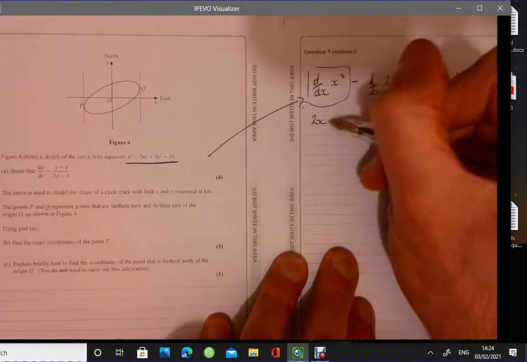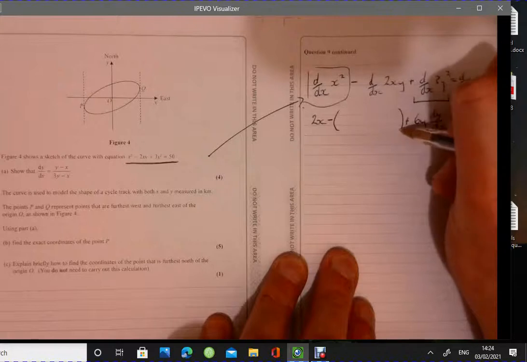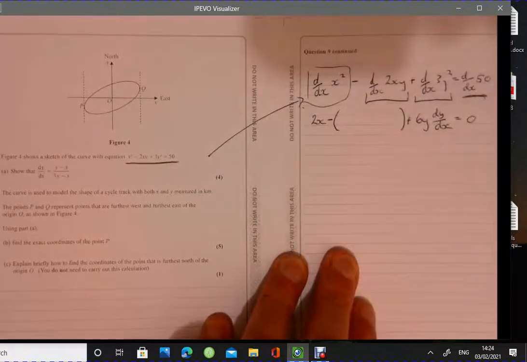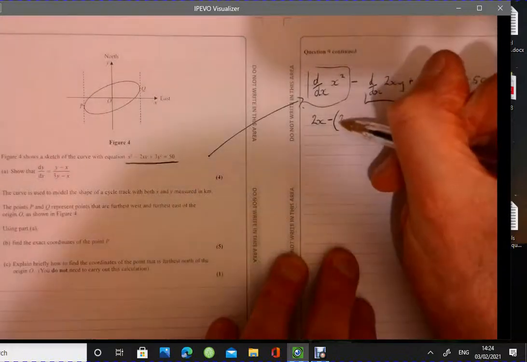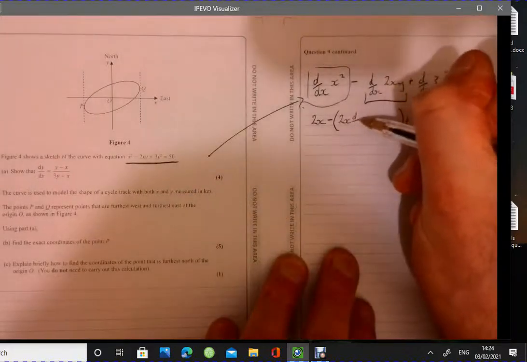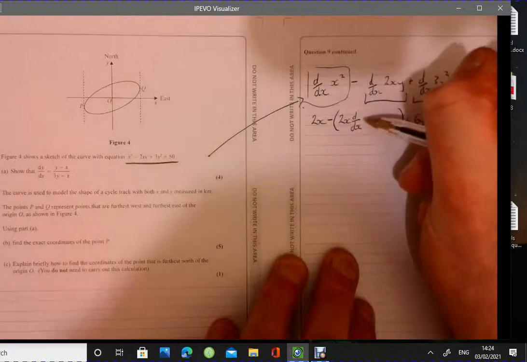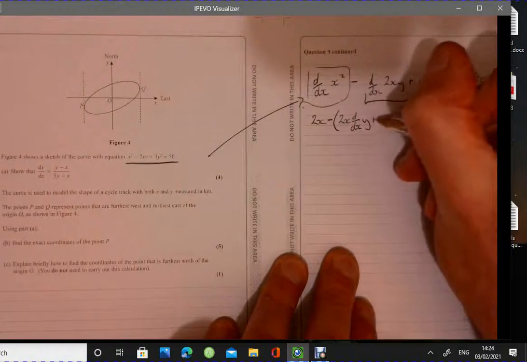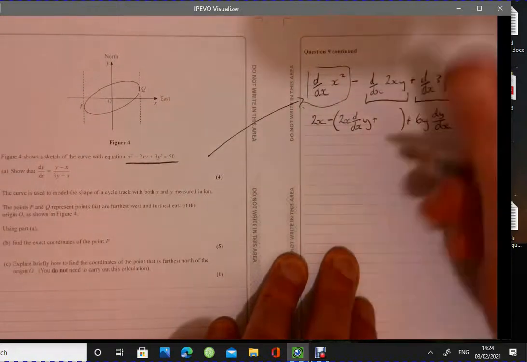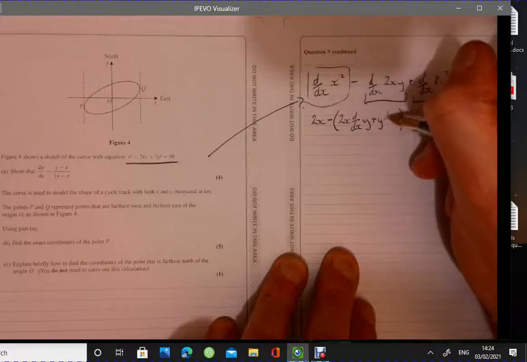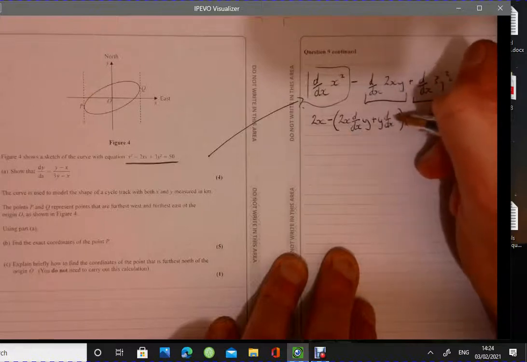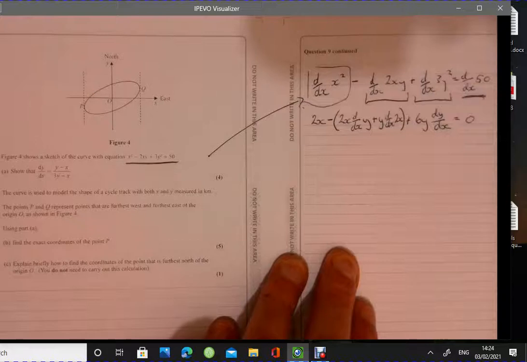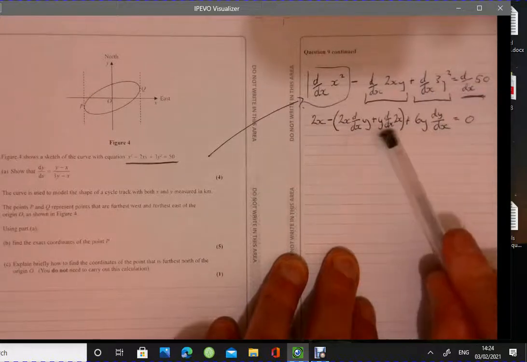And then this section in here, what does that look like? Well, we split that up and it's going to look like this, because it's got an x and y in there together, and then plus exactly the same but the other way around. Okay, so we're nearly there. We just have to deal with this part just here.